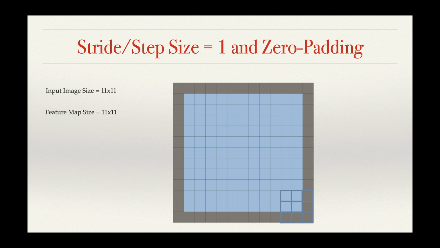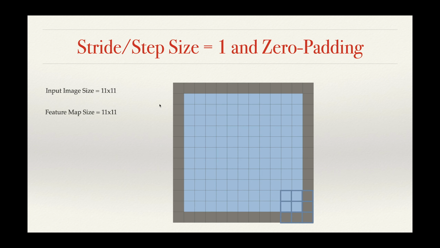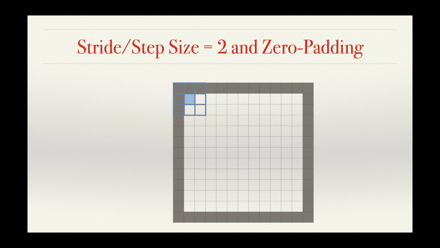If we do that, with stride equal to 1 and zero padding, we end up with the same feature map size as the image size. This is usually important if we are looking for features that could be present at the border of the images, and not only in the middle, so it could be on the border.